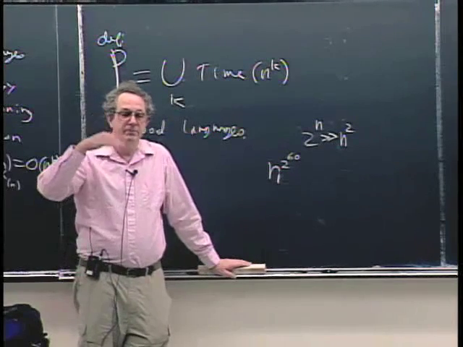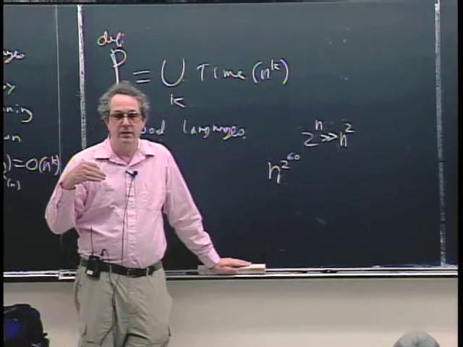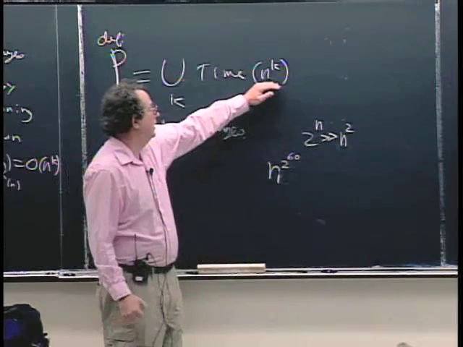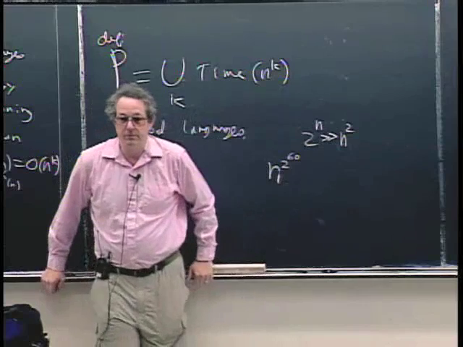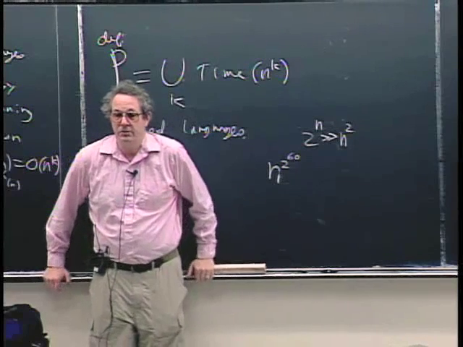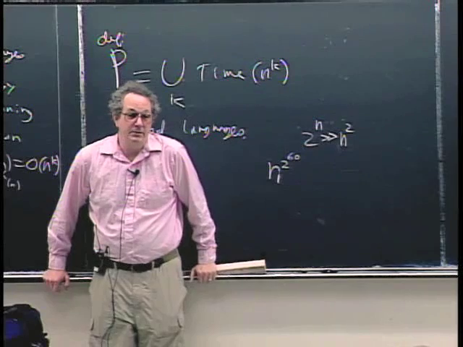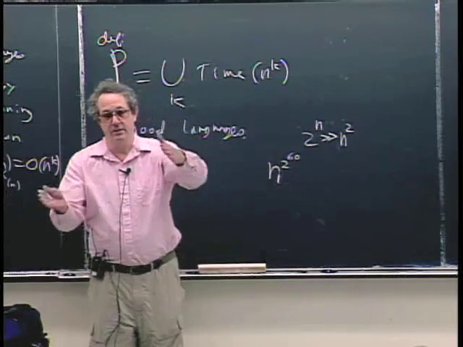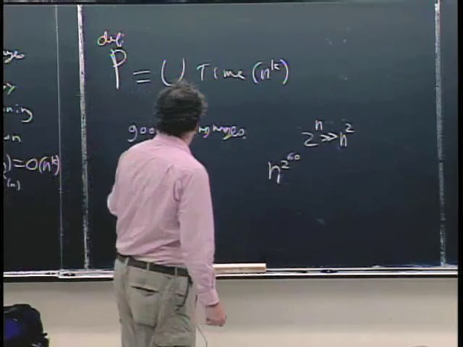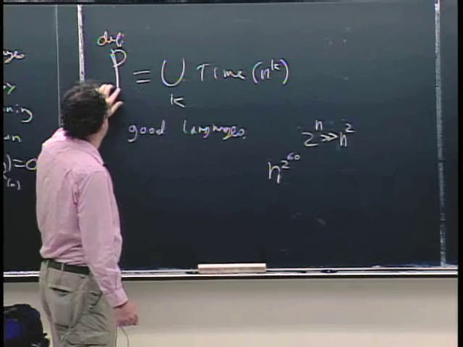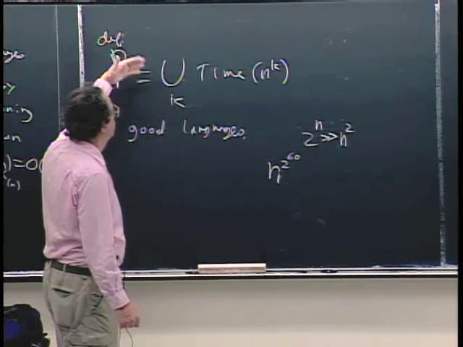Still, the distinctions that we're going to make are kind of crude. It's between whether a language can be decided by a deterministic Turing machine whose worst case running time is bounded by a polynomial or not. So that's the crude distinction we're going to make. Intuitively, these are the kinds of results we want.